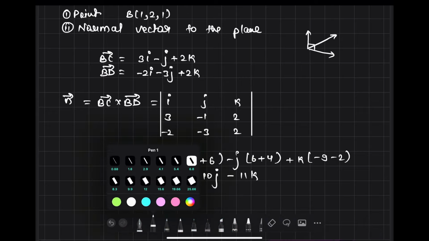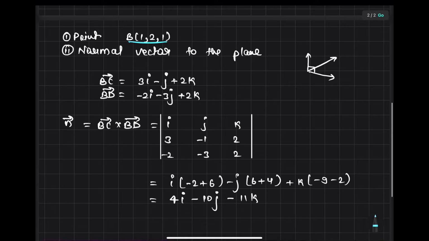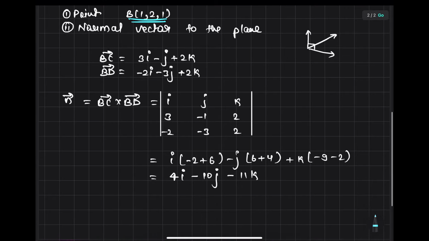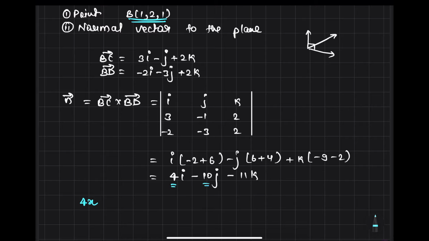So suppose you have the normal vector and a point on the plane. Can you write the equation of the plane? Yes. We will use the coefficients of the normal vector as the coefficients of x, y, z. So the coefficient of x will be 4, so 4x. Coefficient of y will be minus 10, so minus 10y. Coefficient of z will be minus 11, so minus 11z plus d.